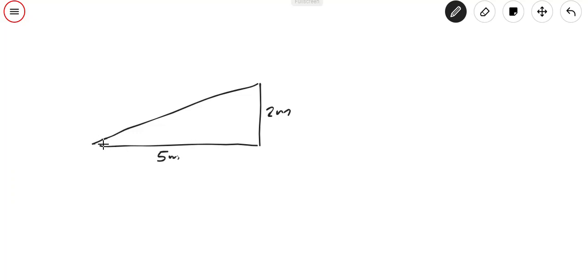This is a right angle, and I don't know angle A here. I can say that the sine of the angle A is the opposite side, that is 2 meters, over the hypotenuse, but I don't know the hypotenuse. So how do you find the hypotenuse?